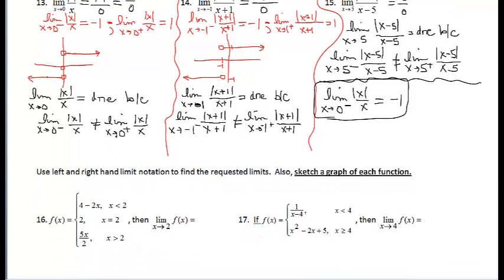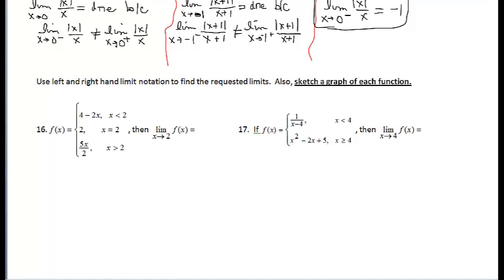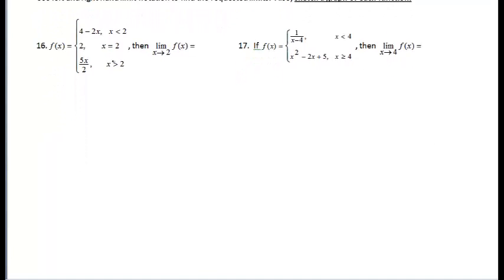For these last two examples, I might encourage you, at least with 16, to try and graph this piecewise function without a calculator. Notice that all of the pieces are very manageable. We have two linear functions, top and bottom piece, and then the middle one is just the point 2, 2. So that would be easy to manage without a calculator.